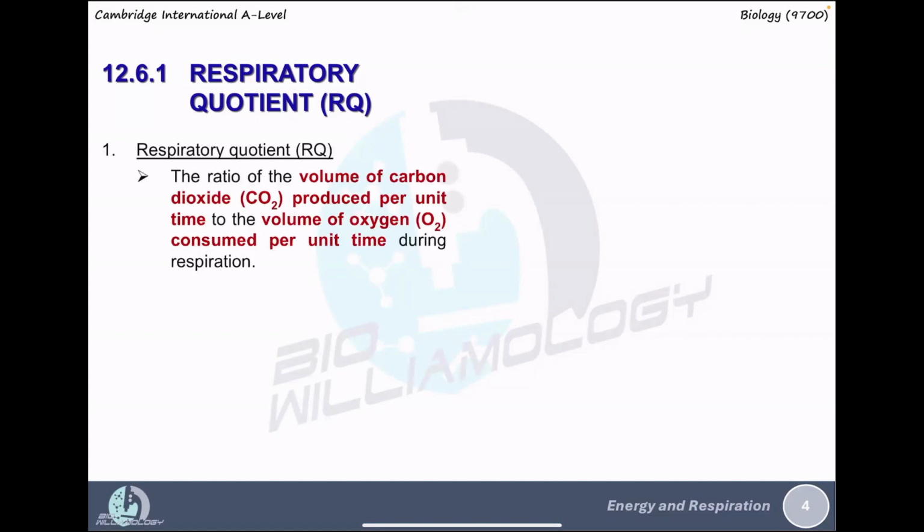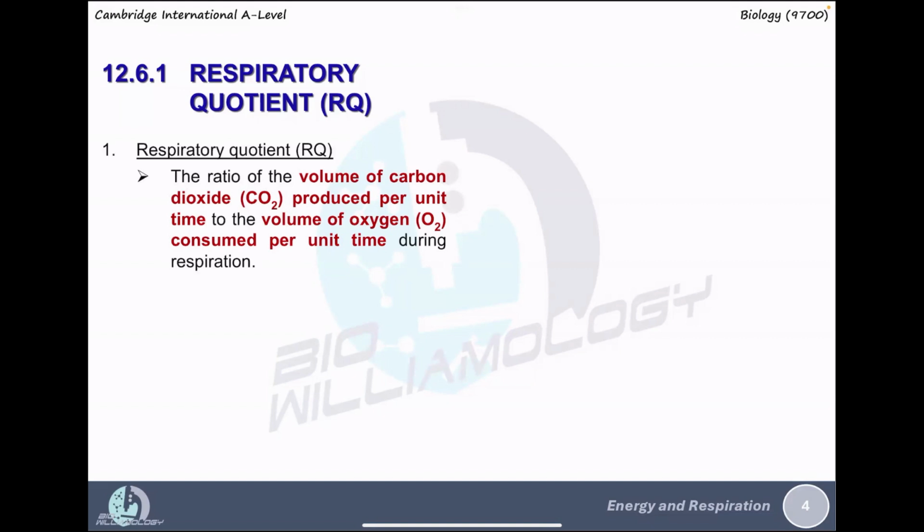Respiratory quotient is defined as the ratio of the volume of carbon dioxide produced per unit time to the volume of oxygen consumed per unit time during respiration. It is very important when you define respiratory quotient that the words "per unit time" must be included.